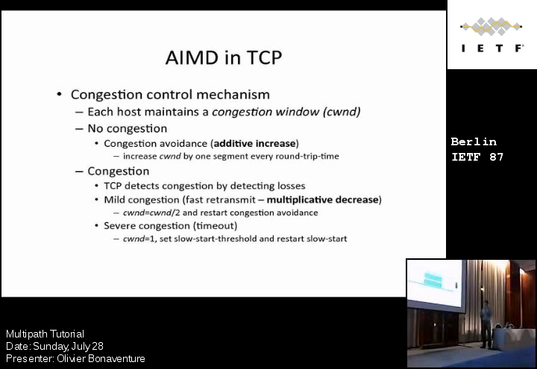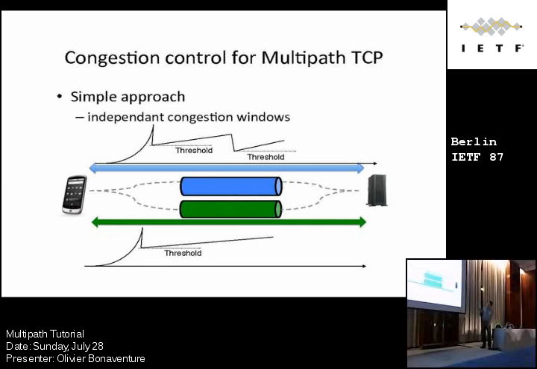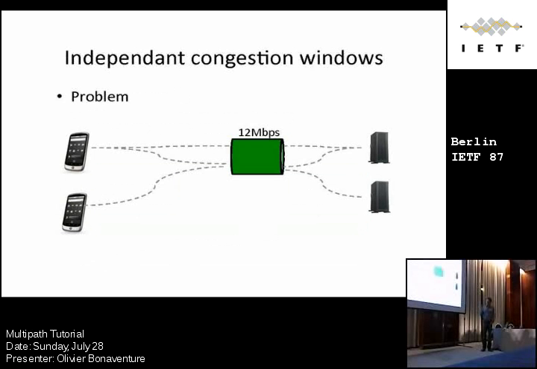How do we do that? Well, a first solution would be to use independent congestion windows on the different subflows. If I use the regular TCP congestion control over each subflow, then this would be easy to implement, but the drawback of this solution is that we would end up being unfair compared to regular TCP. Assume that this smartphone is using multipath TCP. It has two paths, while this smartphone is using regular TCP.